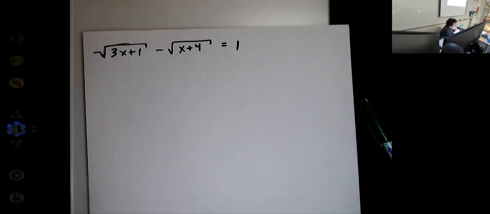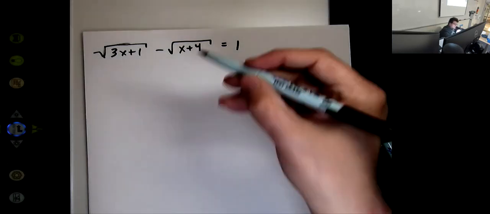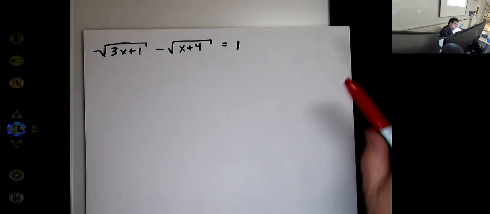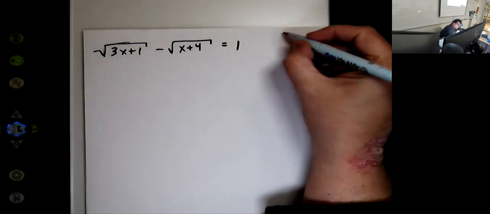I have two radicals here. The best I can do right now is that I can split them up. So if you have more than one radical, split them up.